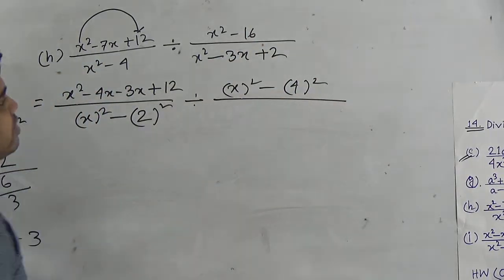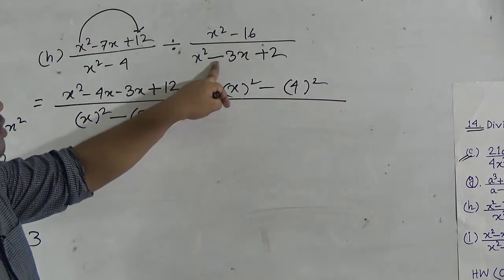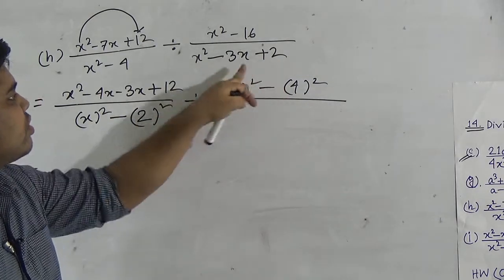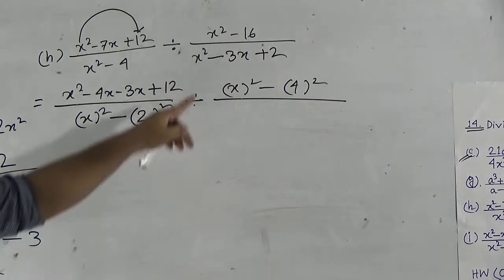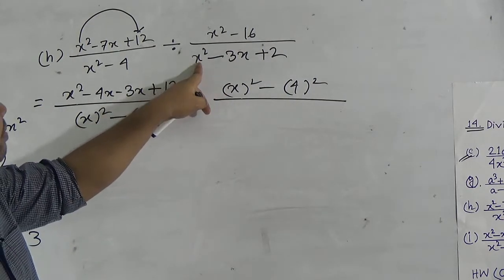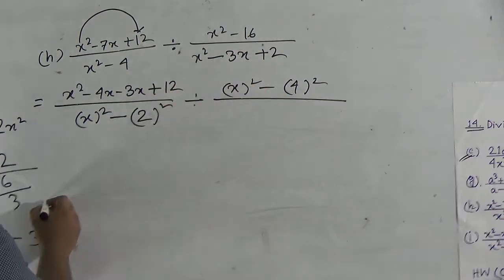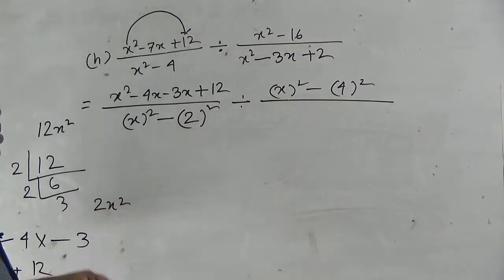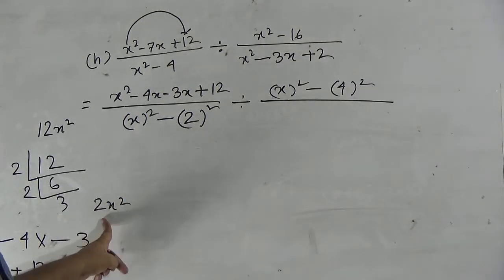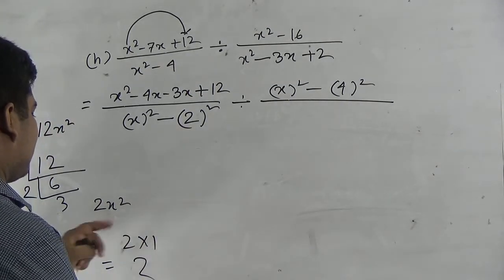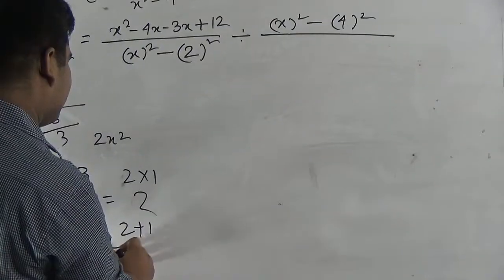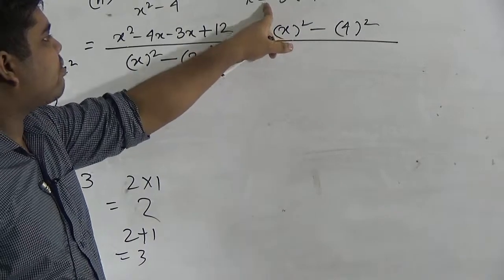Here we also notice x square minus 3x plus 2. So here we also apply the middle term break. First we multiply x square with 2 and it will be 2x square. So we can easily say that if we multiply 2 with 1 then we get 2, and if we add 2 with 1 then we get 3, but here it is minus 3.